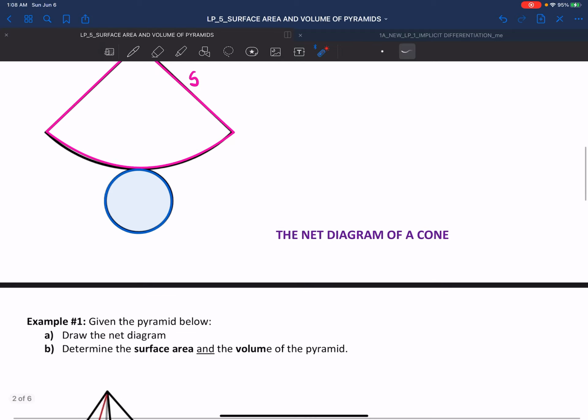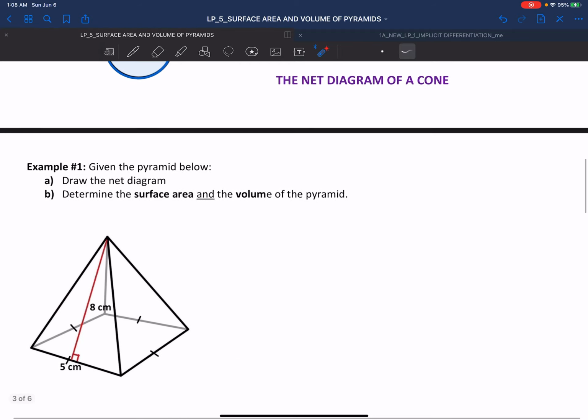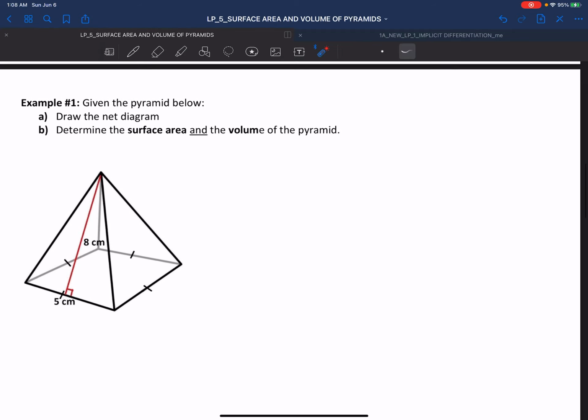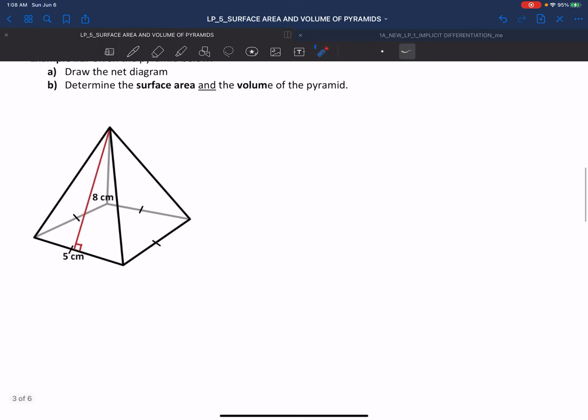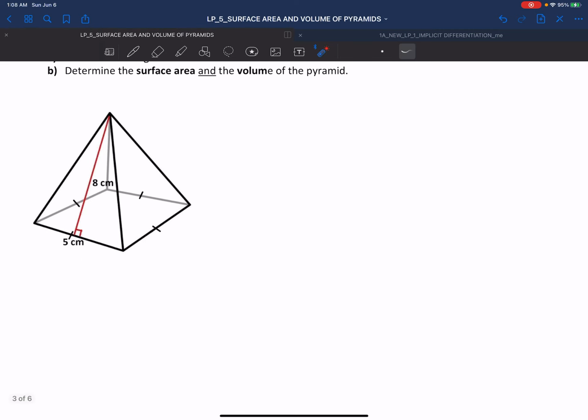Now, let's take a look at some examples where we can use the formulas that we just discussed together. In example number 1, we are given a pyramid and we have to draw the net diagram of it. As you can see in here, we have these short little lines which indicate that the base of this pyramid must be a square.